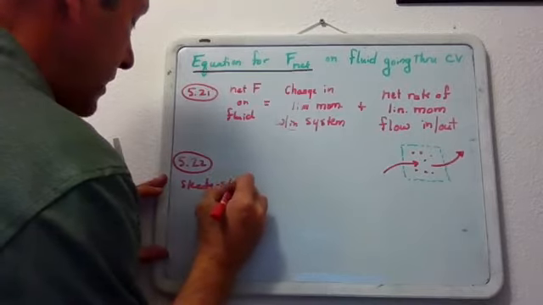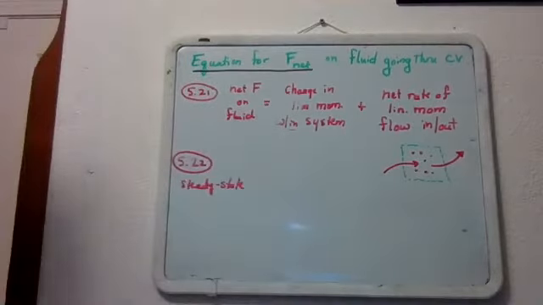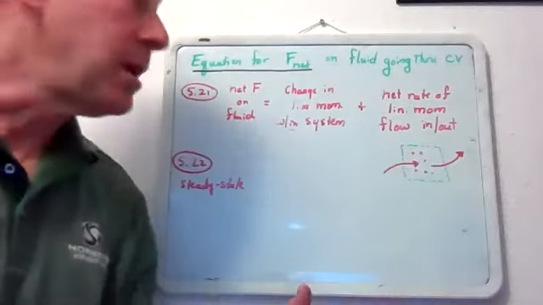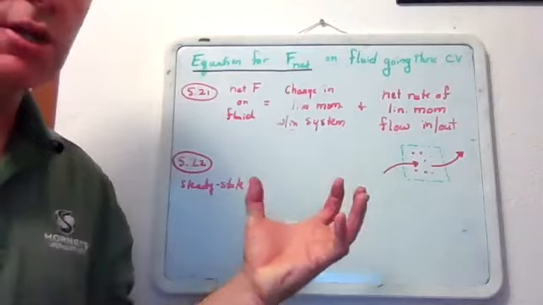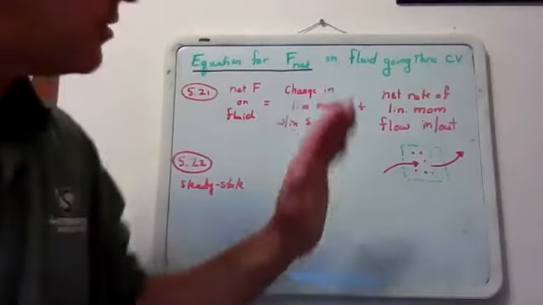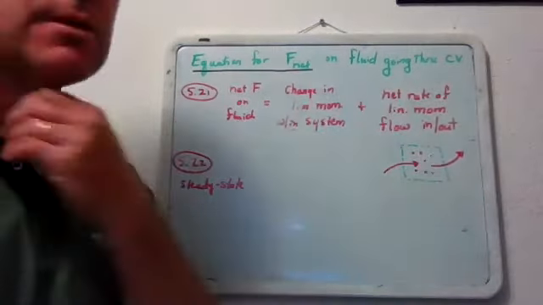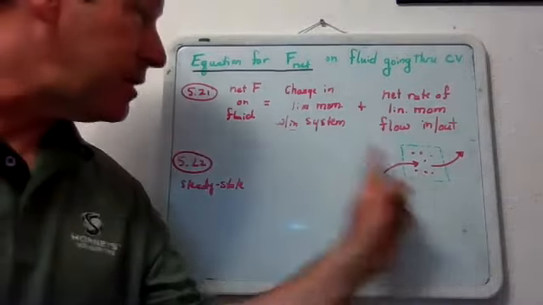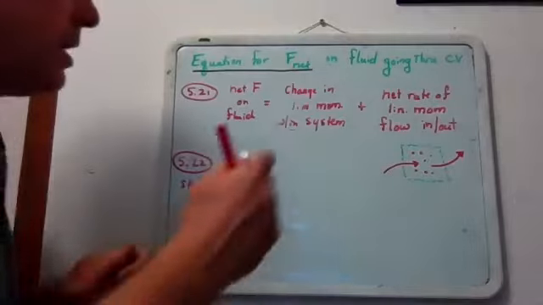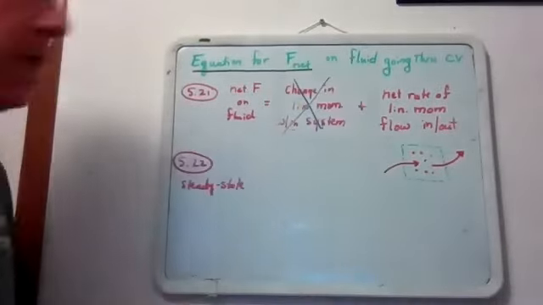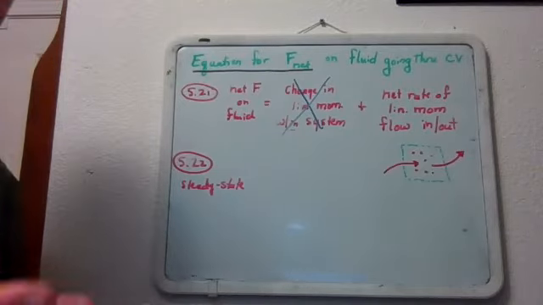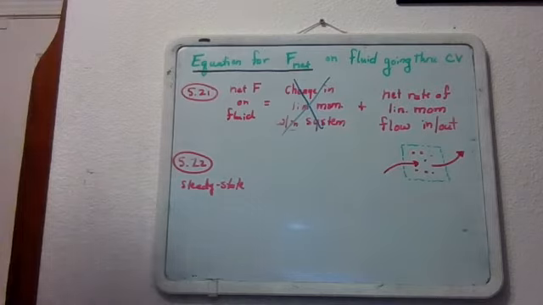Steady state means that the stuff that's actually in that control volume is not going to change in linear momentum, but stuff that's passing through can gain linear momentum or lose linear momentum. At steady state, this term right here is going to drop away. So for ME120, we're going to do the steady state cases, which is most likely what you would do out in industry if you were doing work.